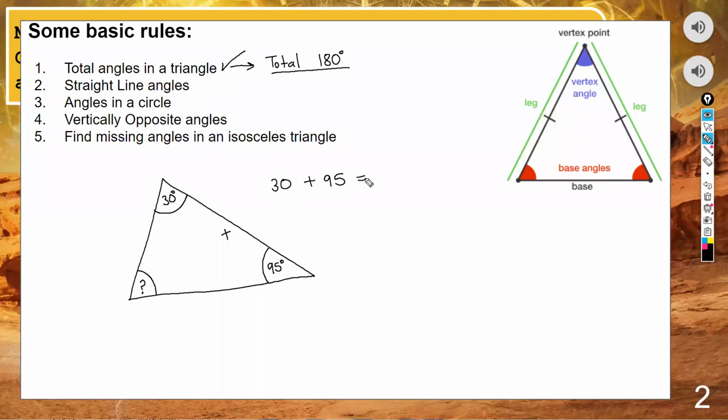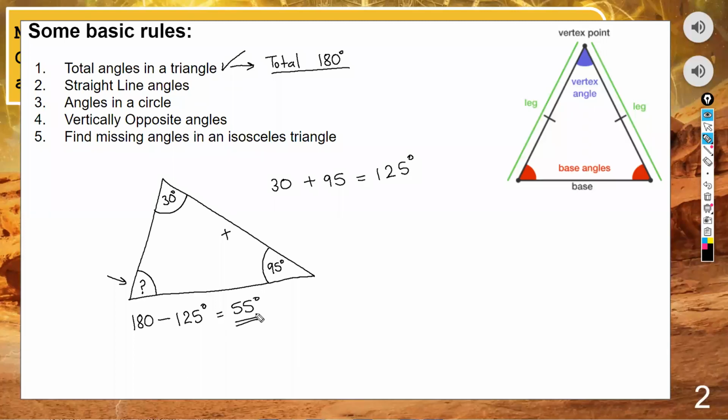Let me add up, I have my calculator here. 95 plus 30 is 125 degrees. So to get this angle, I have to minus it from 180. So I just take the 180 and minus the 125 degrees. 180 minus 125 is 55.